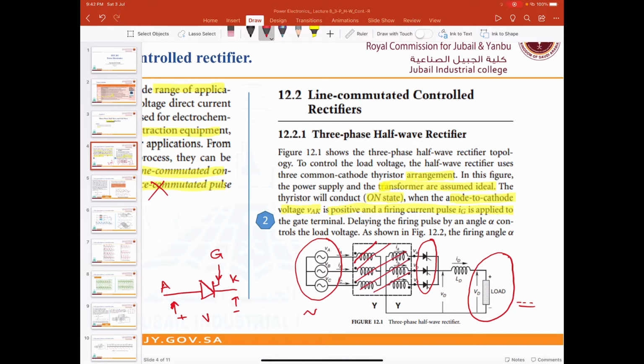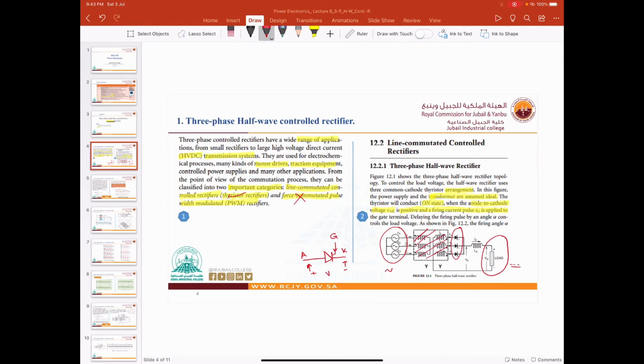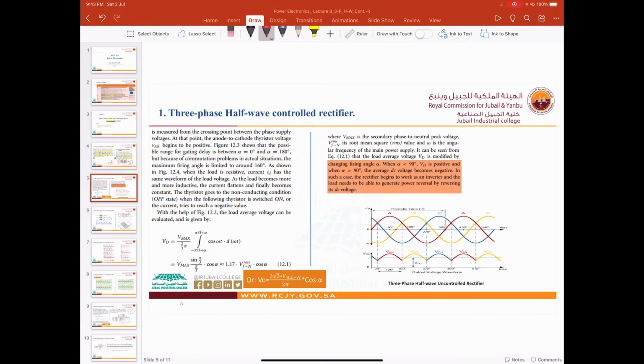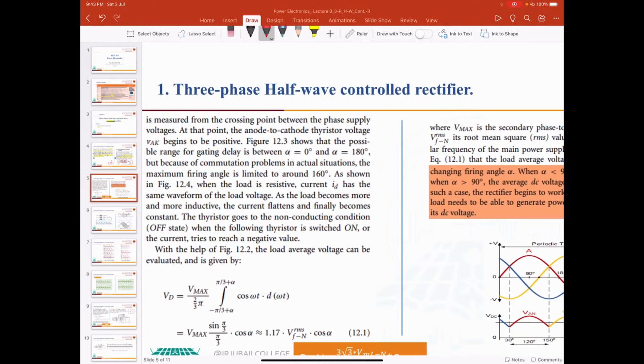In this way we can control how much power is being transferred from AC into DC, right? Now let's go to the next slide. He said the firing angle is measured from the crossing point between the phase supply voltages, shabab, follow me.